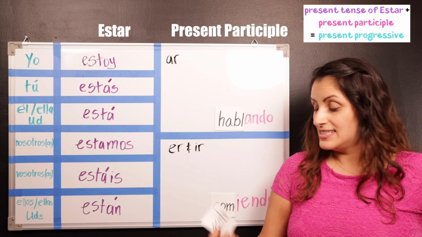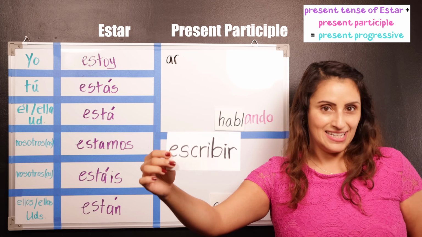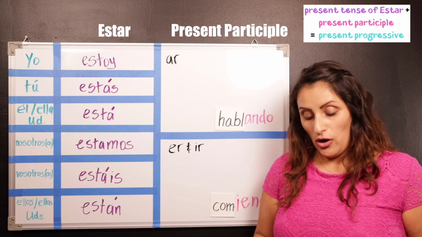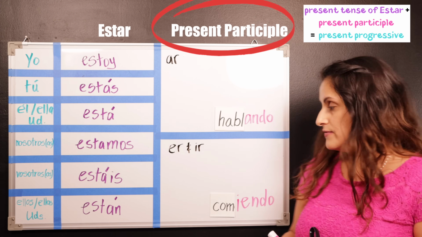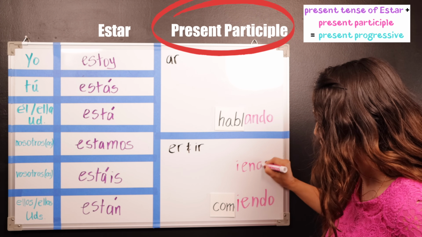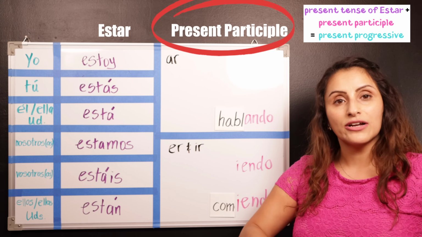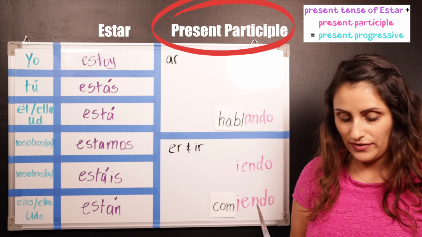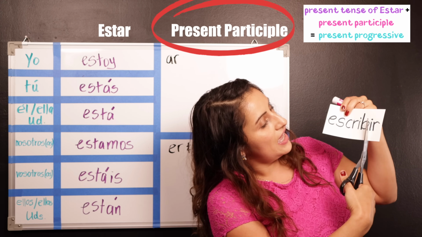Now let's go ahead and take a look at the verb escribir. It is an IR verb and it means to write. So it follows the same rules as ER verbs. So just for the sake of it, let's write yendo here again so you can see them all together. We have the verb escribir and we're going to get rid of the IR.